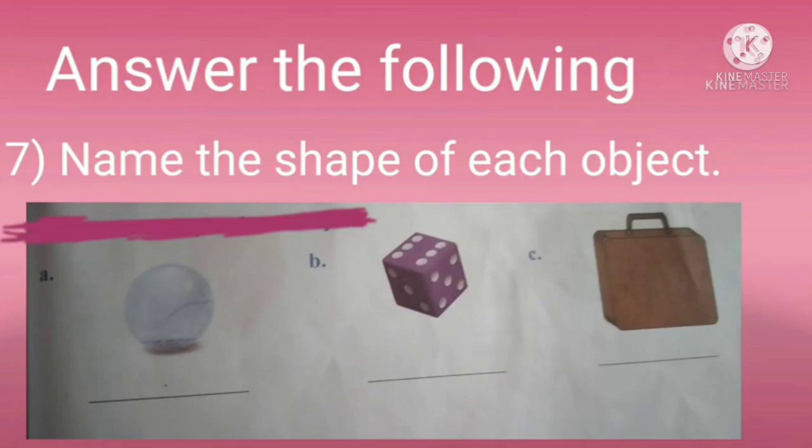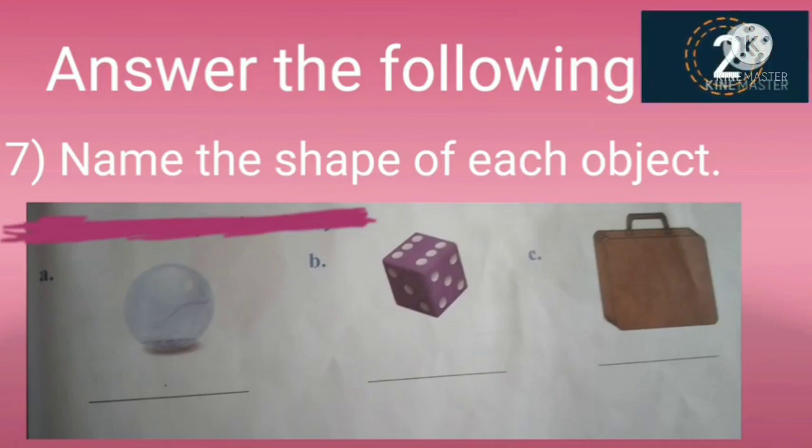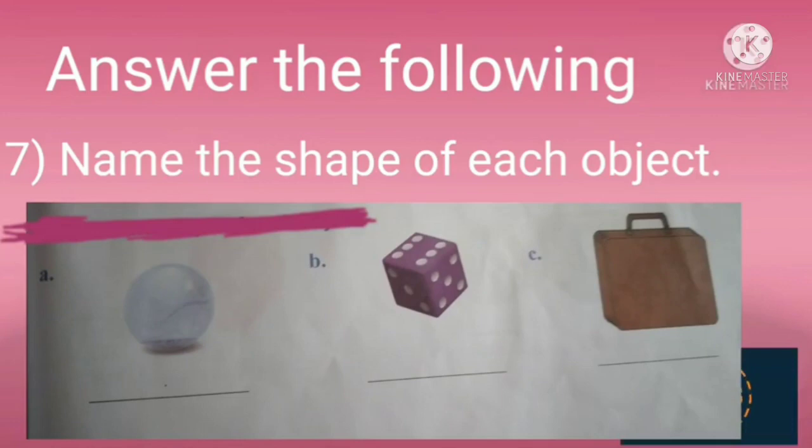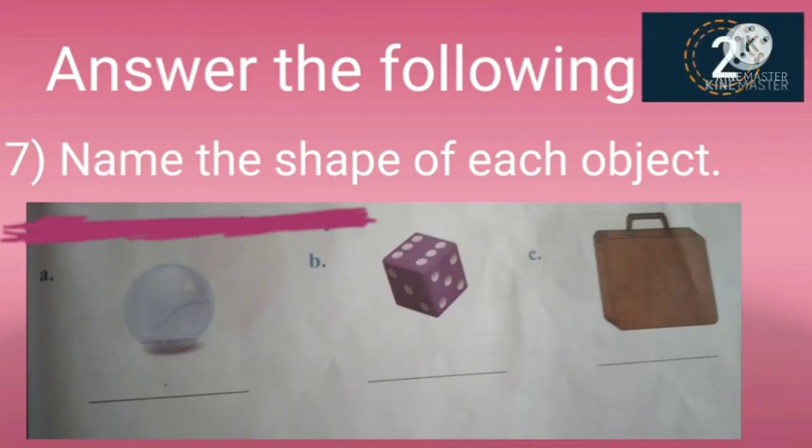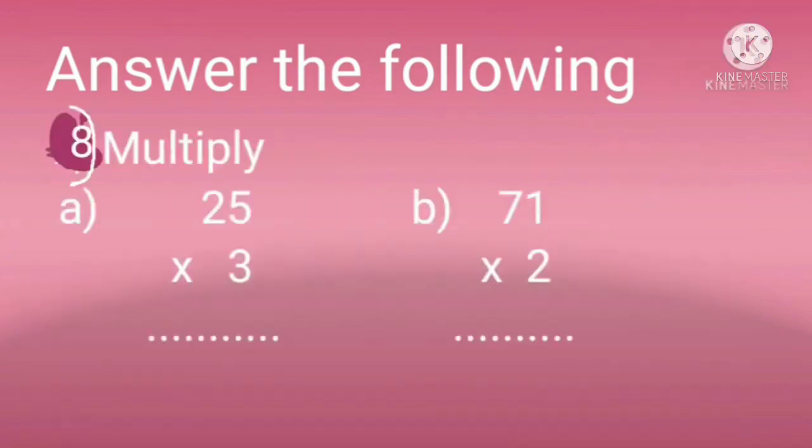Your time starts now. Next question, this is your last question. Multiply. The first one 25 into 3 and the second one 71 into 2. Your time starts now.